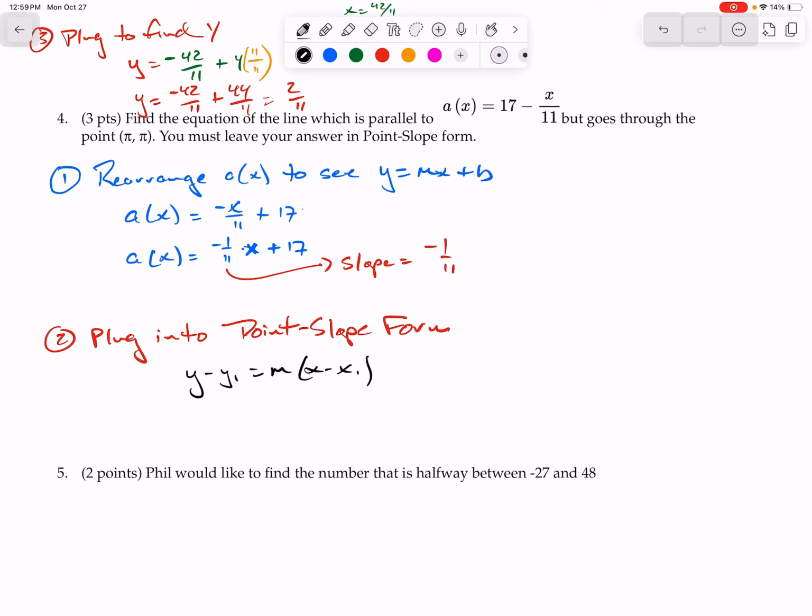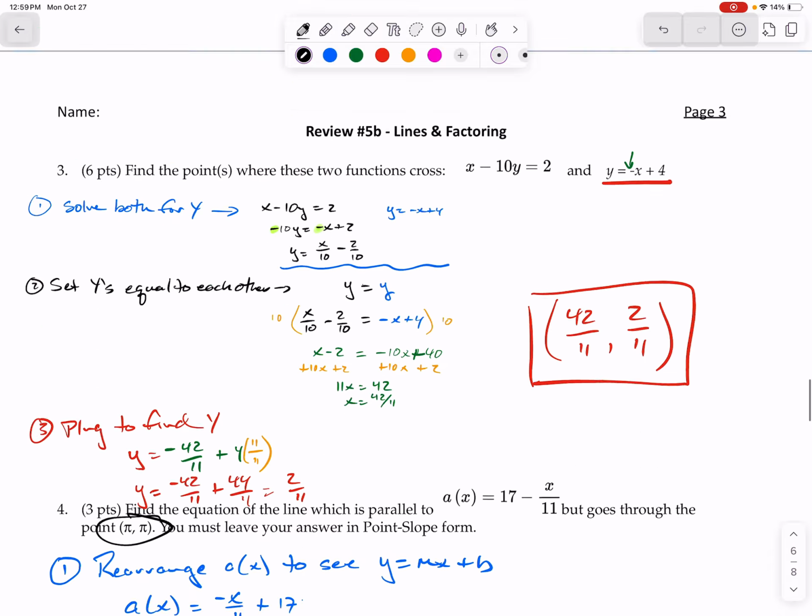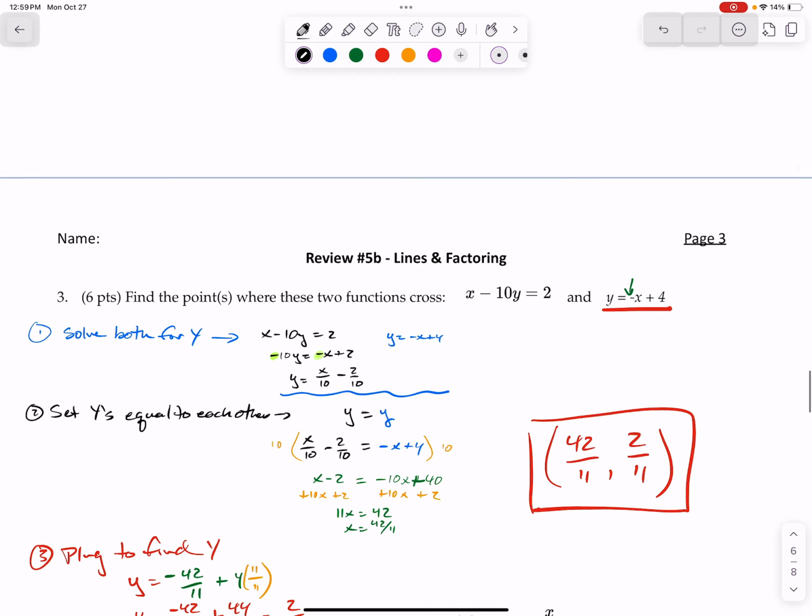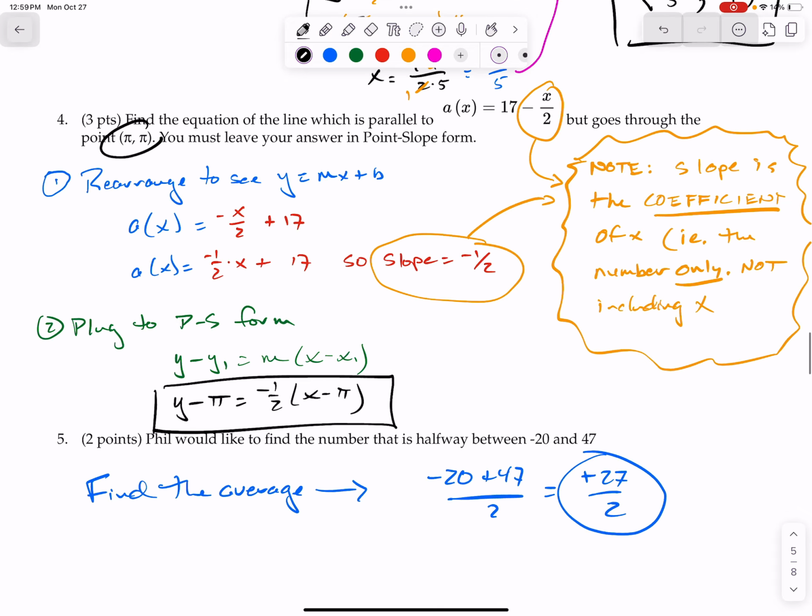I've got to use those points for my x1 and y1. So y minus pi equals negative 1/11 times x minus pi. Done. I think that's what I did in the other one.